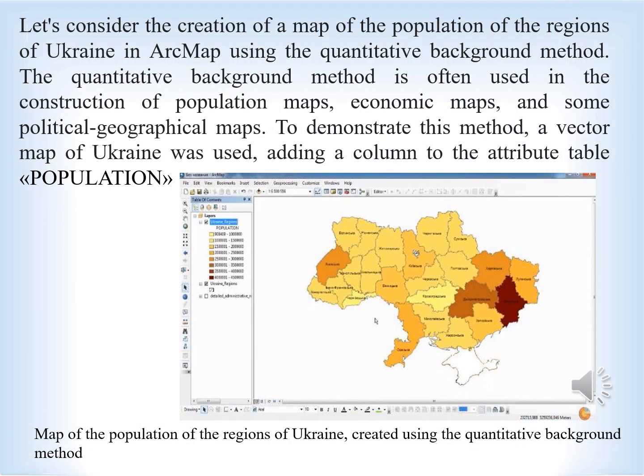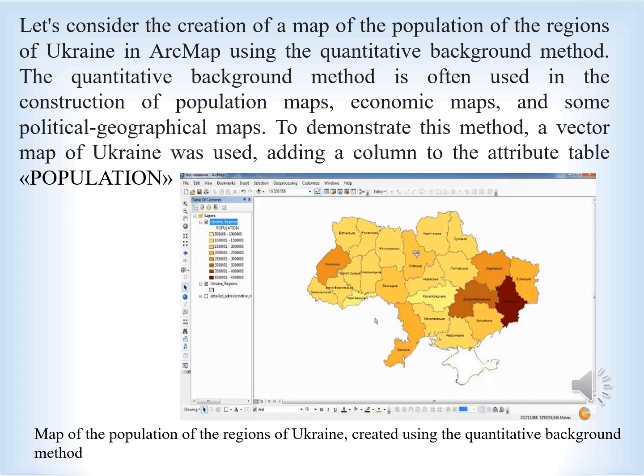Let's consider the creation of a map of the population of the regions of Ukraine in ArcMap using the quantitative background method. The quantitative background method is often used in the construction of population maps, economic maps, and some political geographical maps. To demonstrate this method, a vector map of Ukraine was used, adding a column to the attribute table: population.